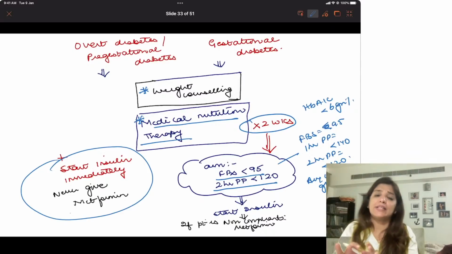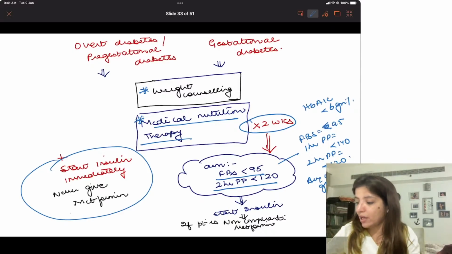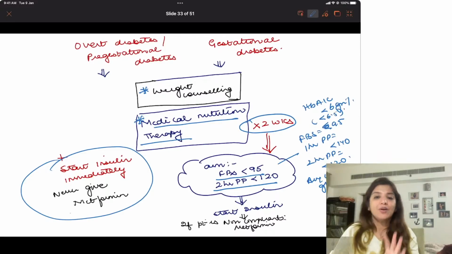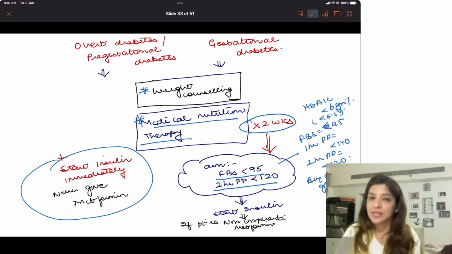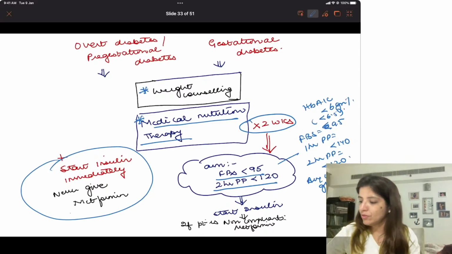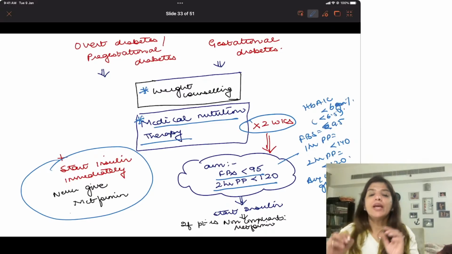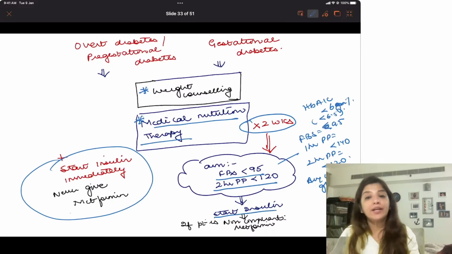We aim at less than 6%, but we are okay if HbA1c is less than 6.5 also. Right? So even if it is less than 6.5, it is acceptable, but the better is if HbA1c is less than or equal to 6. Right? Clear to all of you? Now, if these goals are not met in 2 weeks, then we put the patient on insulin.